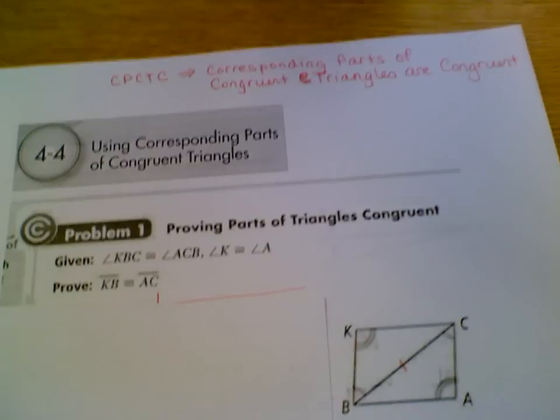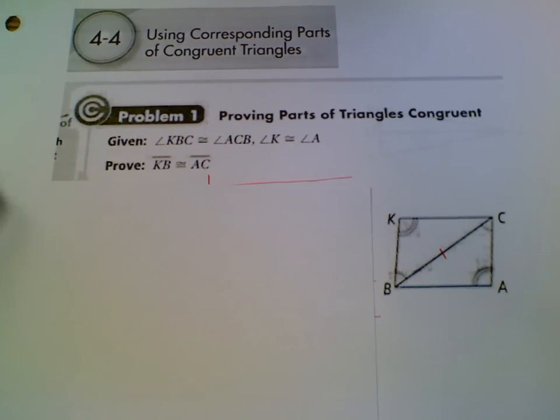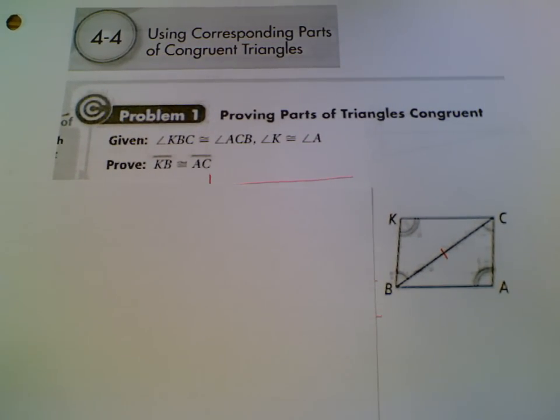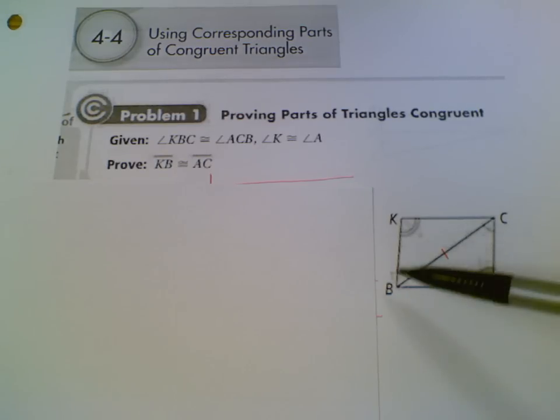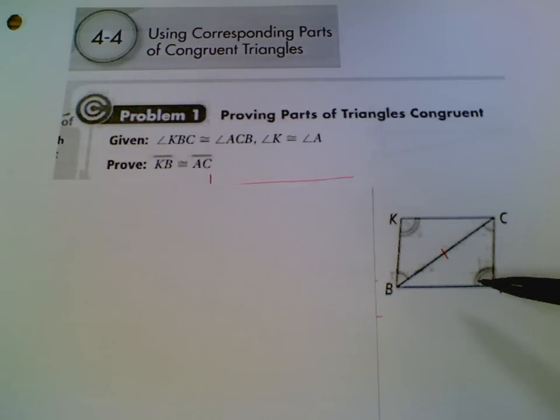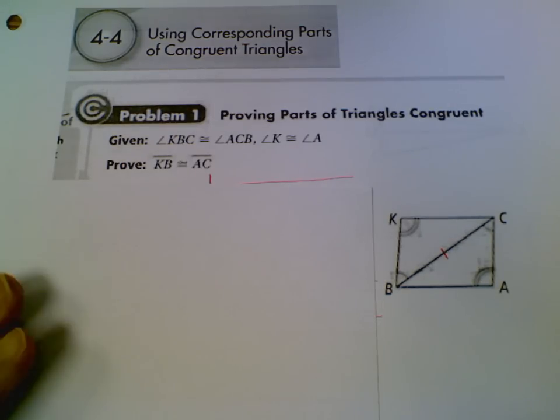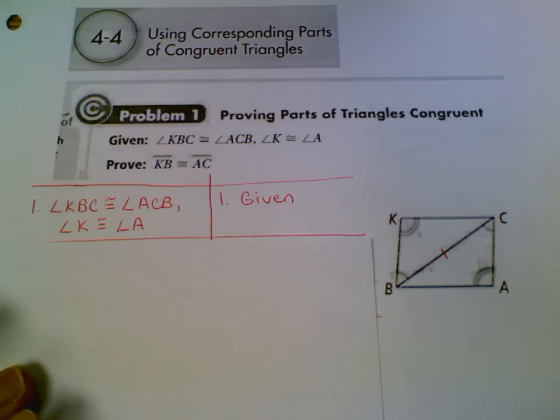Alright, let's take a look at the first example. So it says, I'm given angle KBC is congruent to ACB, and I'm also given K is congruent to A. So I wrote that down in my given, right? So then my next step is I'm trying to find something that I know either from the picture or from what they gave me.